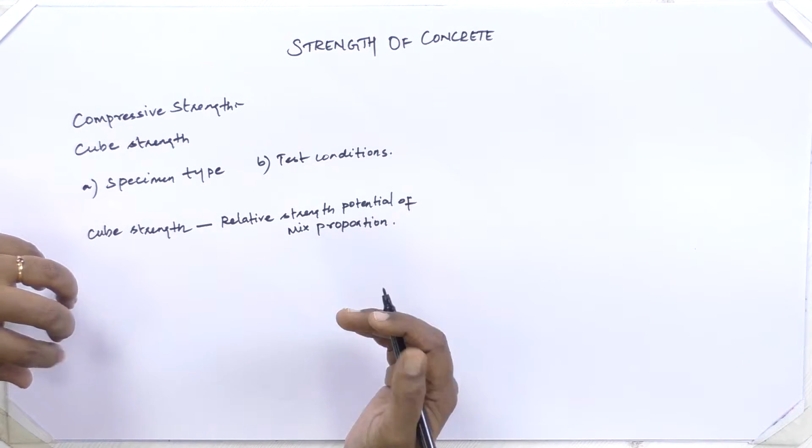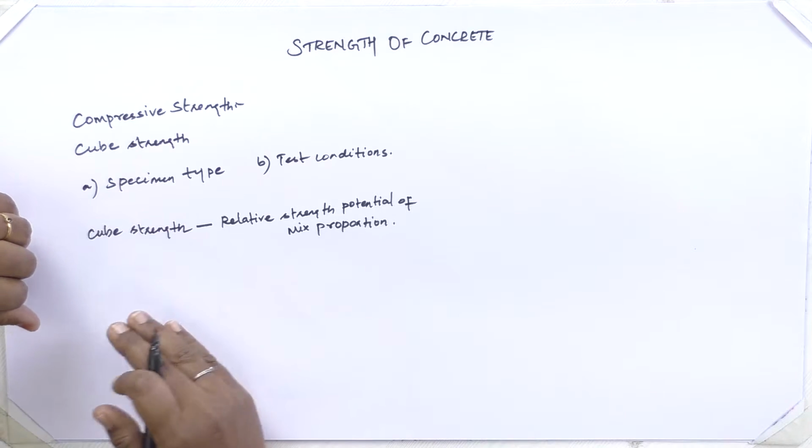Based on that, I am getting a strength value, but I have to use these values while designing a structure. So I have to correlate this cube strength to the design purpose, and we can relate the cube strength to the design strength through some means, so that I can use the values for structural design.